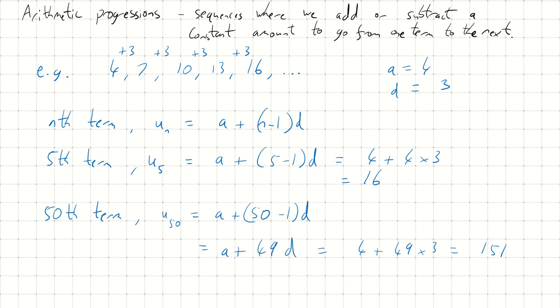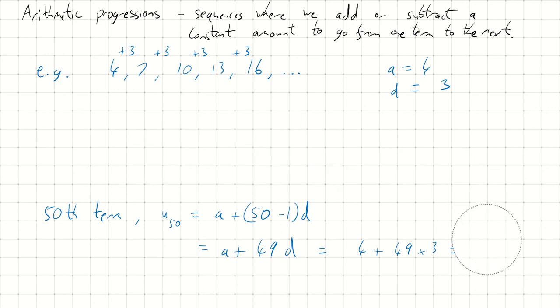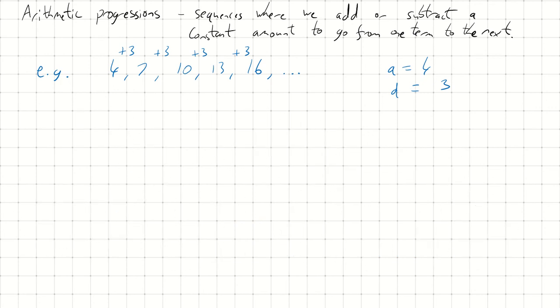Okay. So that's our U_n, our nth term formula. There's another formula that's useful to know, which is called the sum of the first n terms. So let's look at that formula. We use S_n to mean the sum of the first n terms, and the formula is n over 2 times (2a plus (n minus 1)d).